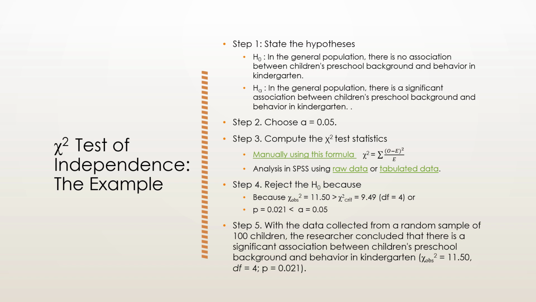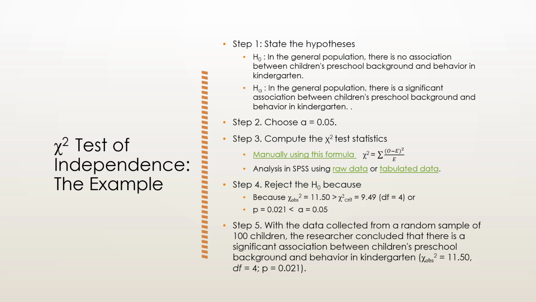from tabulated data. For our example, the observed chi-square statistic is 11.50, which is greater than the chi-square critical value of 9.49 given alpha equals 0.05 and degrees of freedom 4. Also, the p-value from SPSS is 0.021, which is lower than the alpha value.